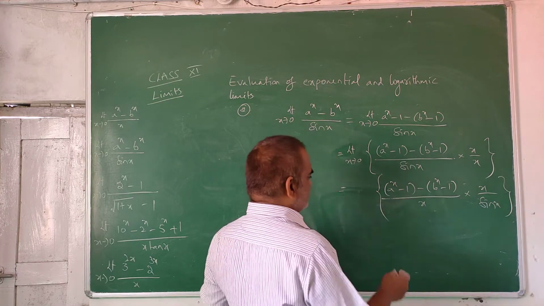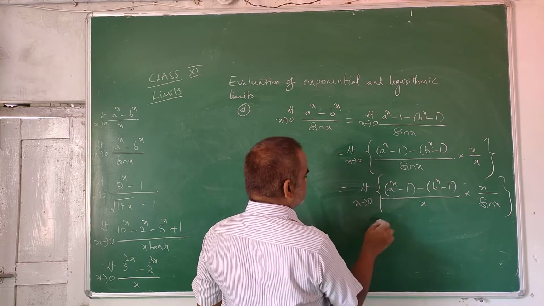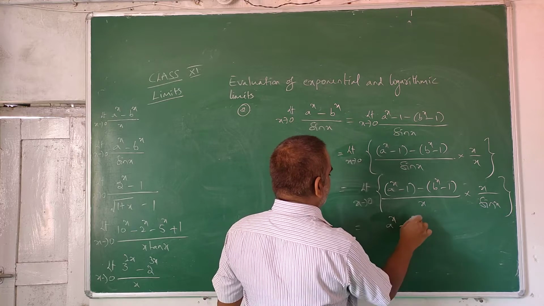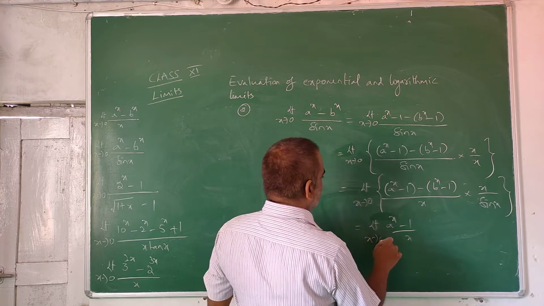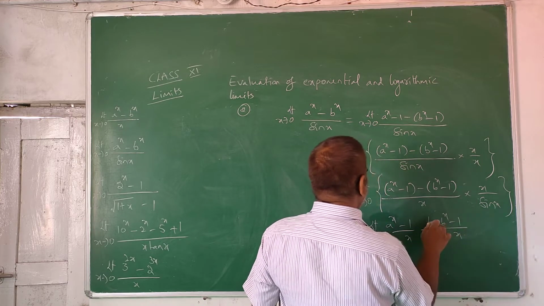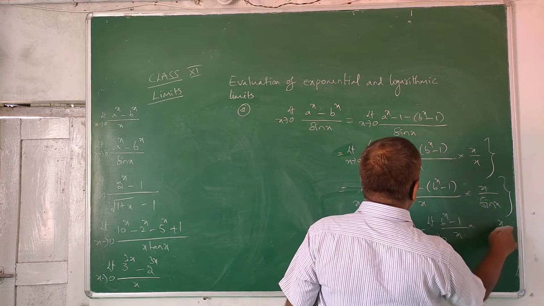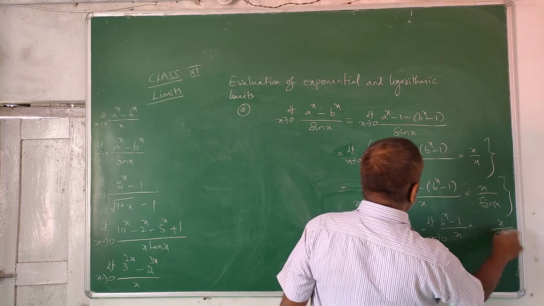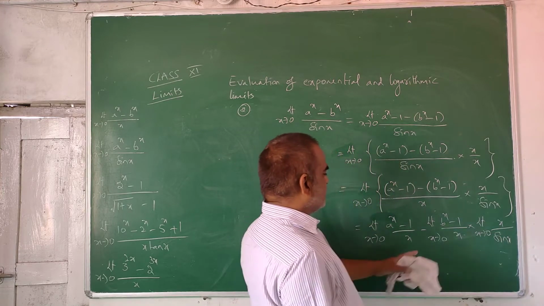Now you separate the fractions here. So a^x minus 1 by x, limit x tends to 0, minus b^x minus 1 by x, limit x tends to 0, into x by sin x as limit x tends to 0.